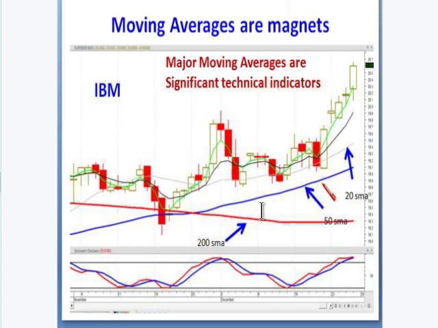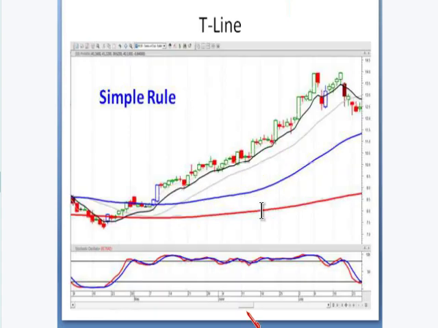So the reason that the moving averages act like magnets is because everybody's watching to see what's happening there. So if they're selling off, what's everybody watching? They're waiting to see what will happen once it gets back to the moving averages. Now, the T-line works very effectively. And you've got to remember, this is why I always say, watch to see what it's doing at the T-line.